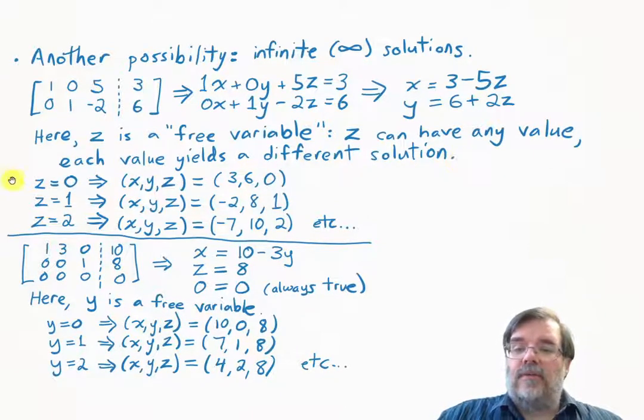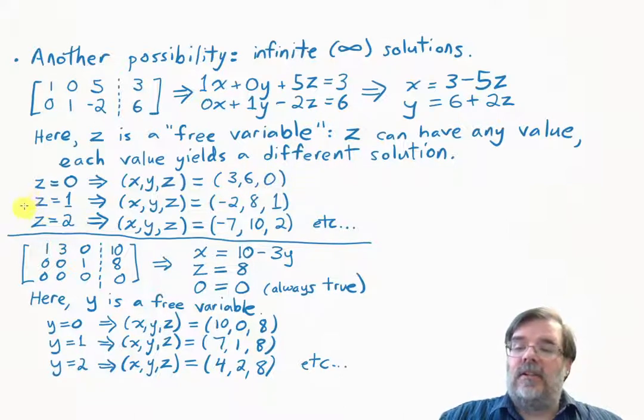So for example, if you choose z equals 0, you could plug that into these equations up here, plugging in 0 for z. You'll be left with x equals 3 and y equals 6. Which means your point, your solution to the equations, is (3, 6, 0).